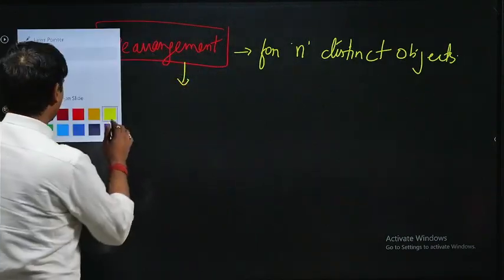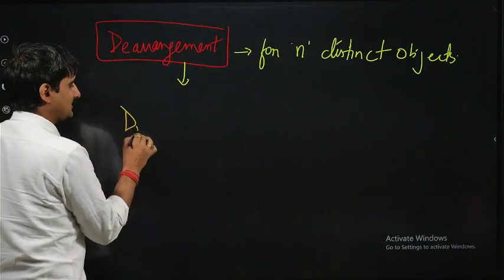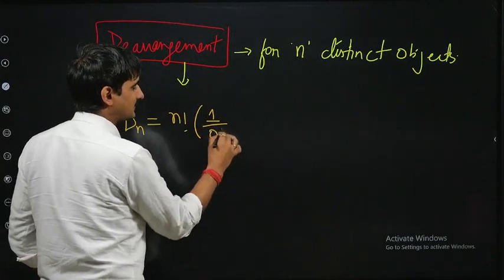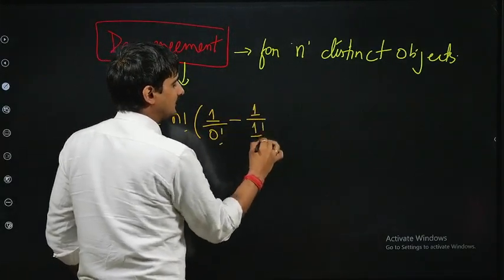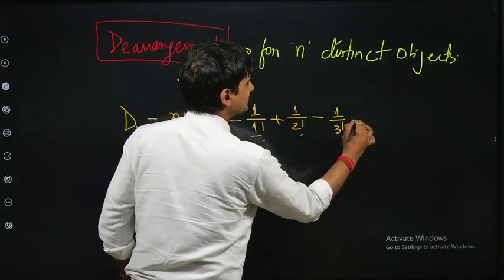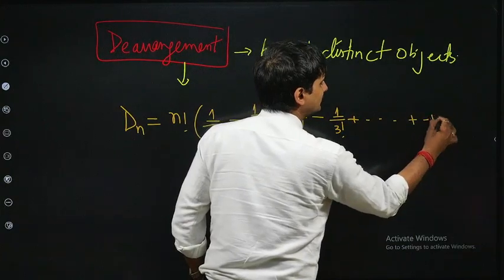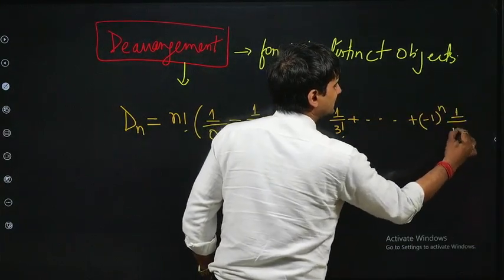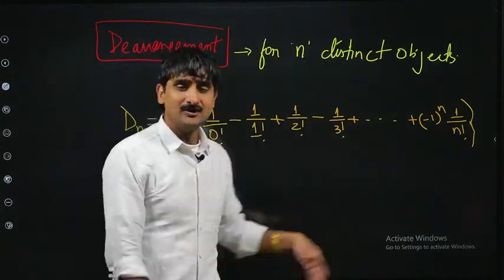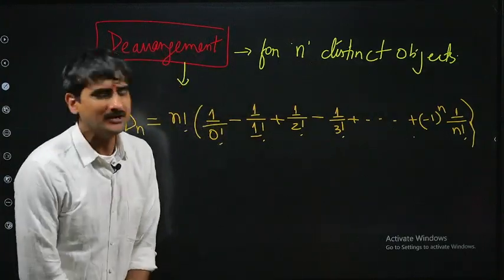Now what's the formula for n distinct objects? The formula for derangement is n factorial times (1 by 0 factorial minus 1 by 1 factorial plus 1 by 2 factorial minus 1 by 3 factorial, and so on till you reach the last one, that is 1 by n factorial), and depending on whether n is even or odd, you will get a positive or negative sign there.